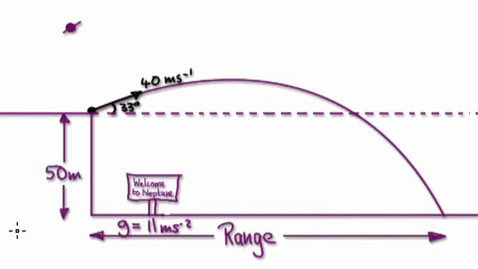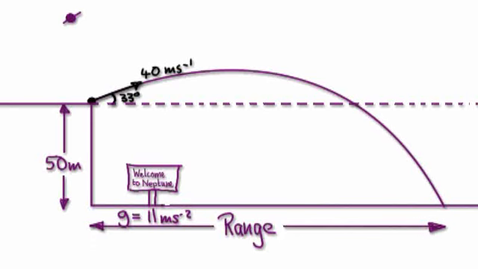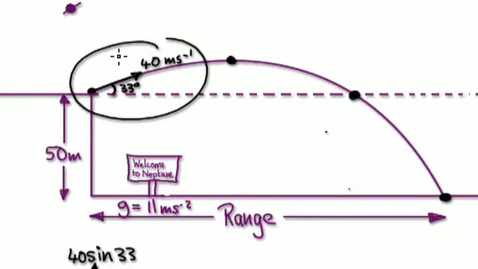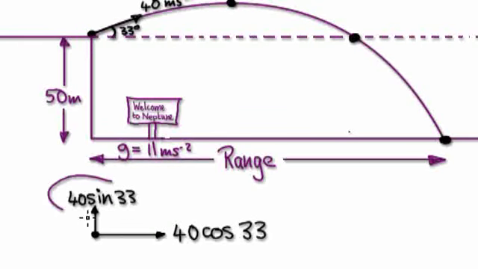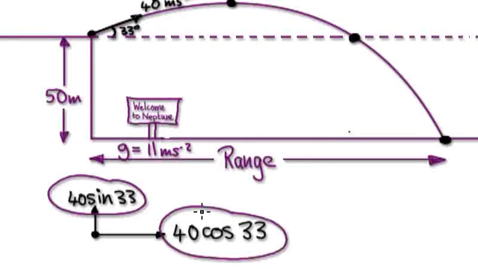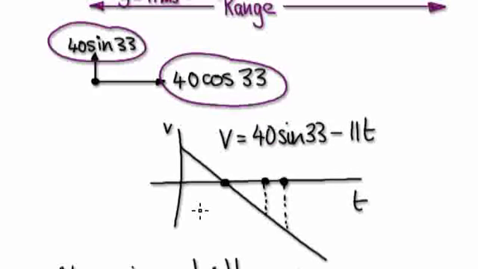Okay, so first thing you should do is to break this up into its vertical and horizontal components. So vertical would be this, horizontal would be this, and then jump to your velocity time graph. So now imagine we are firing the cannonball vertically upwards, and then it's going to free fall down.